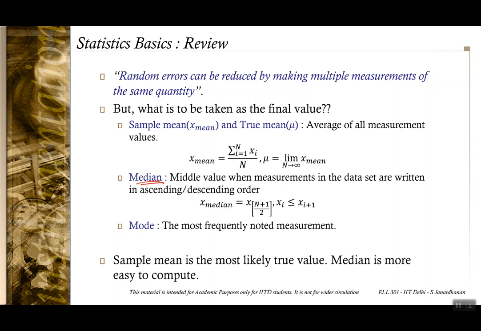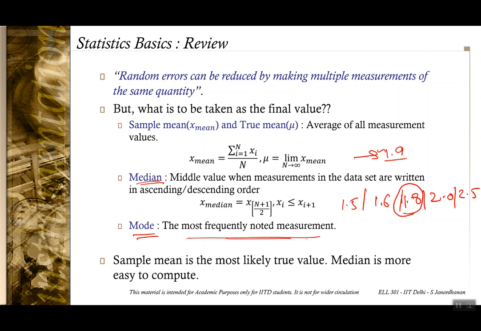Let us say the measurements are like 1.5, 1.6, 1.8, 2, 2.5 or something like that. Okay, so the median would be this value 1.8 and the mean of this data set would be approximately 1.9. Okay, and mode, which again is the most frequently noted measurement.